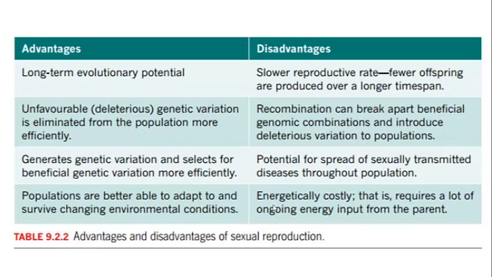Sexual reproduction is also energetically costly, so it requires a lot of ongoing energy input from the parent. Not only does that mean creating our gametes, women have all of their eggs at the start of puberty, and they lose them slowly. If you think about how many times we lose those, which is once a month, that's wasted energy that our body has created. And males are kind of lucky.